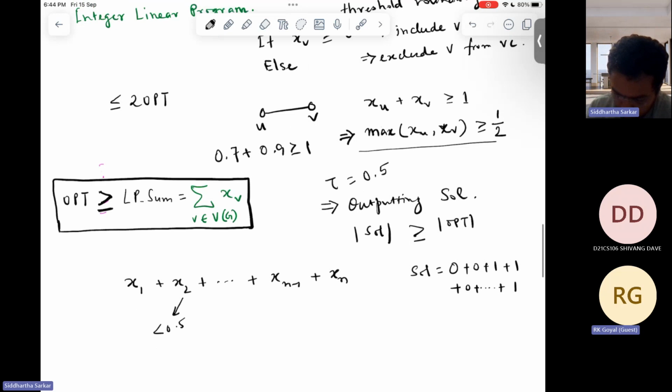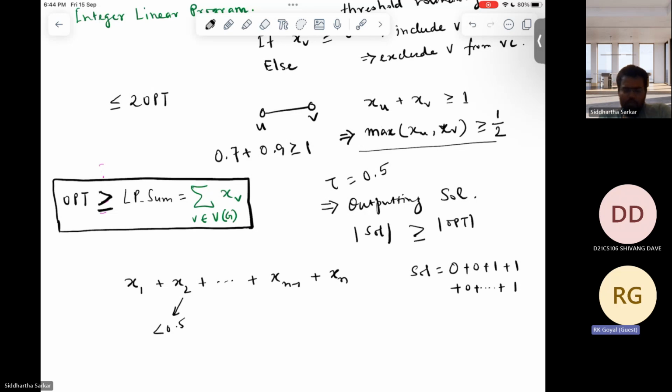But I have a query here. This OPT cannot be considered as the minimum vertex cover. At the most, it can be considered as the optimal solution of the ILP problem, so this OPT is not the vertex cover.